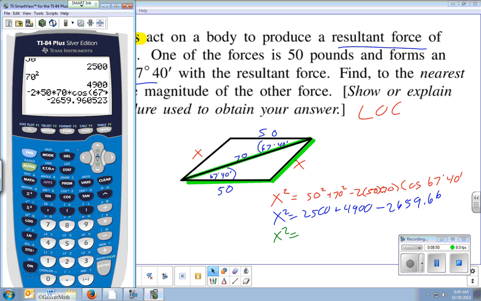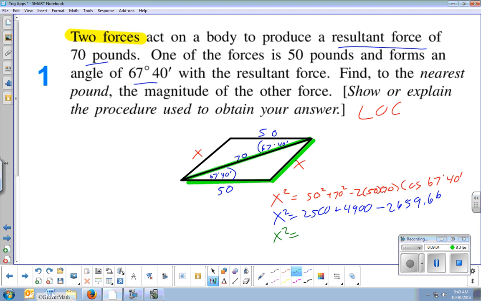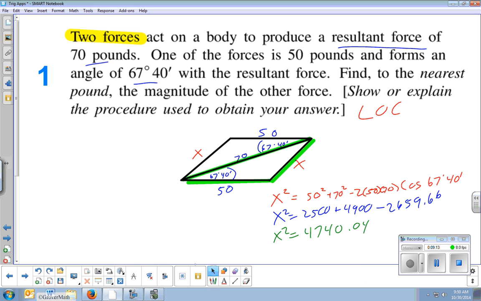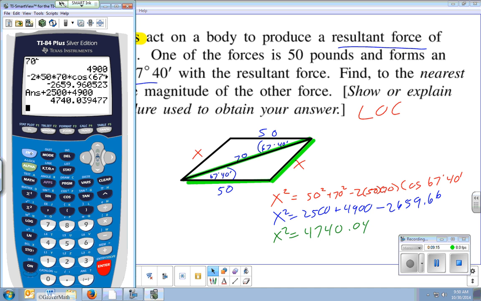And so I'm going to just do my second answer there and do my answer plus 2500 plus 4900, which is about 4740.04. But that's my x squared. I want x, so I'm going to have to do second x squared, the square root, and I'll just do second answer to grab that whole thing. And that's giving me 68.84.